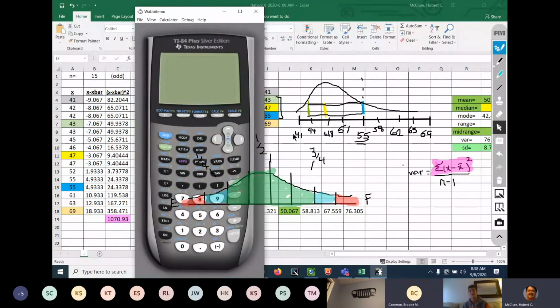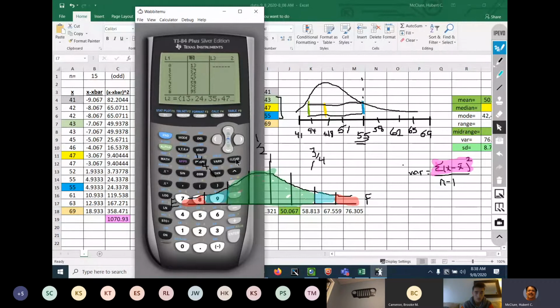So here we go. I'm going to hit Stat and Edit. Remember, Stat and Edit is your spreadsheet in your calculator. So I'm going to delete. I'm going to clear. If I hit the wrong button here, let's clear.